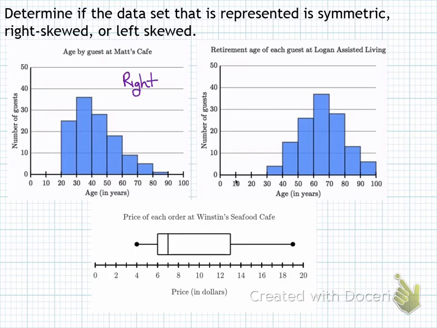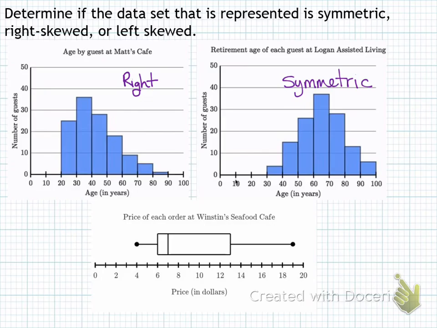Okay, the second one, it may be technically a little bit off, right? We would really want this to be a little bit shorter here, and then this one to maybe be a little bit shorter here. But really the mean and the median of this set are going to be extremely close together, so they would be approximately equal. This has a general smooth curve to it. So this we would say is symmetric or approximately symmetric if you want to be kind of picky about it.